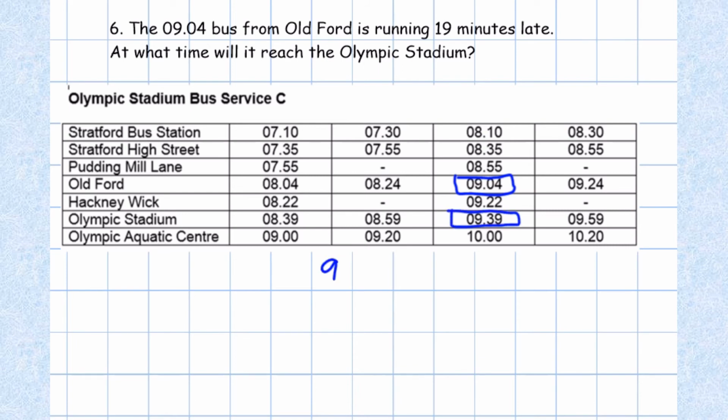So we've got to add on the 19 minutes late. 9 and 9 is 18, 3 and 1 is 4, and the 1 is 5, and it would still be 9, so it would be 9:58 when it gets to the Olympic Stadium.